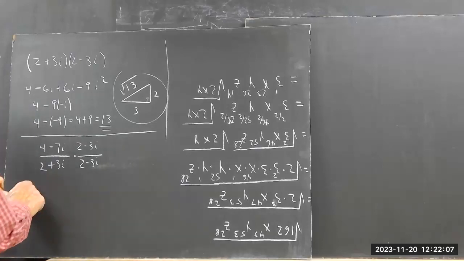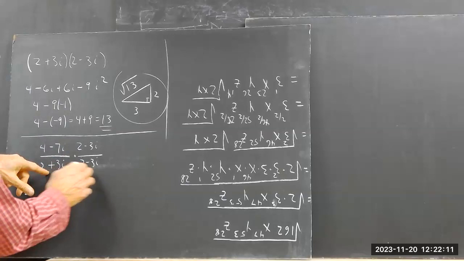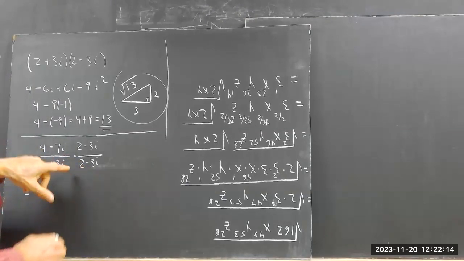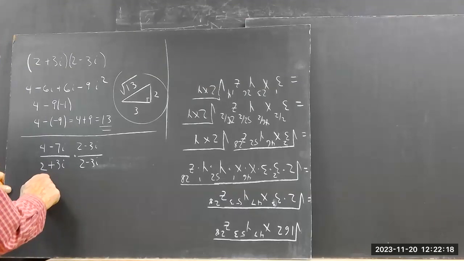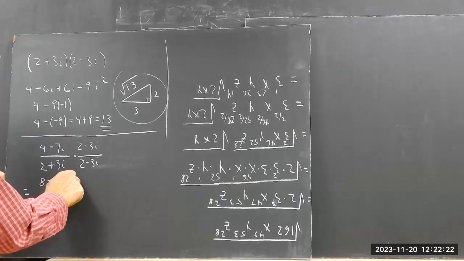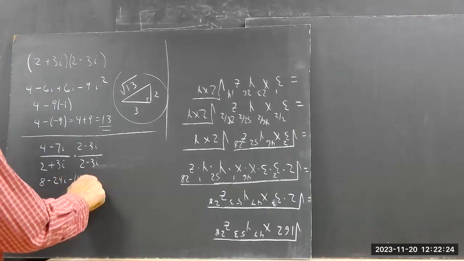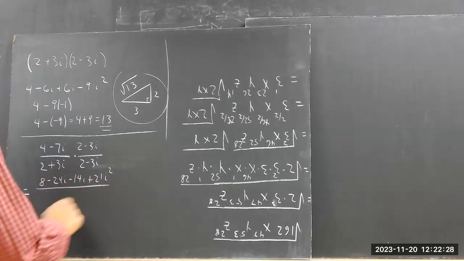So I'm just going to write this down. And I want you to see that if we use this trick, we can always get a real number from the denominator. Okay, so we're going to end up with 8 minus 24i minus 14i plus 21i squared in the numerator.